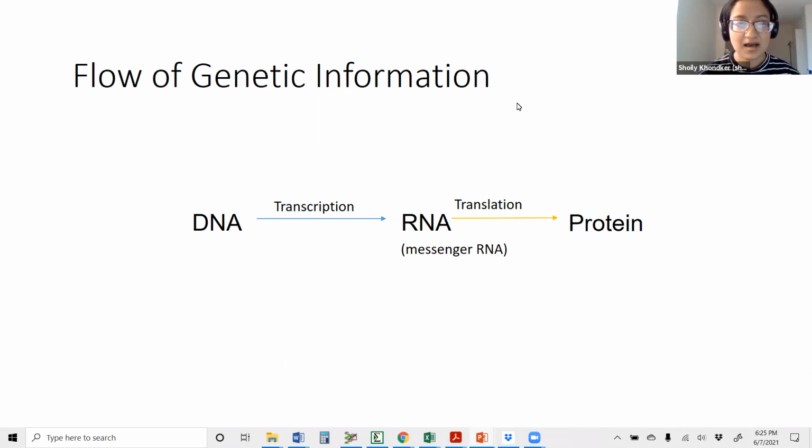Okay, so gene expression is based on a concept known as the central dogma of molecular biology, which describes the flow of genetic information. And this, in simple terms, is the flow of information from DNA to RNA through transcription. In this case, we're talking about messenger RNA or mRNA, and then from RNA to protein through translation.